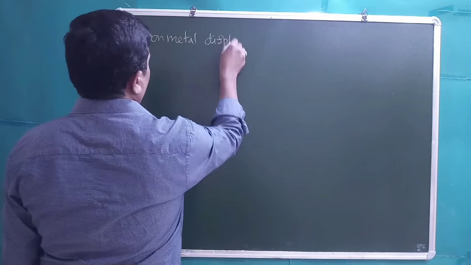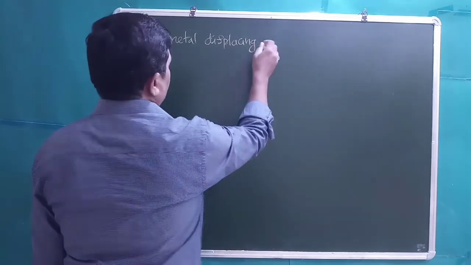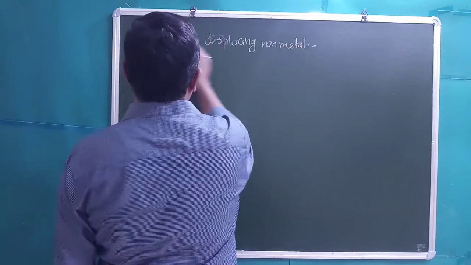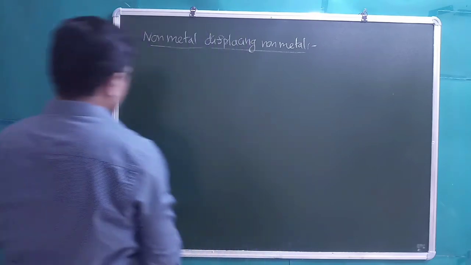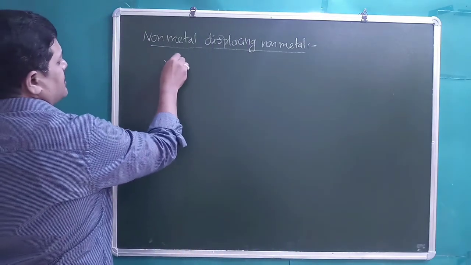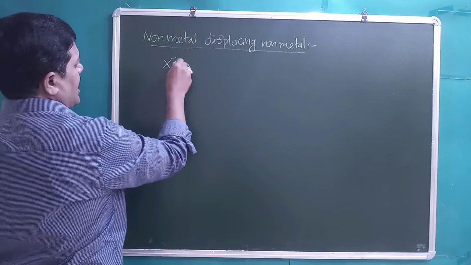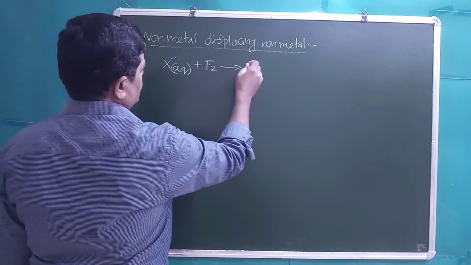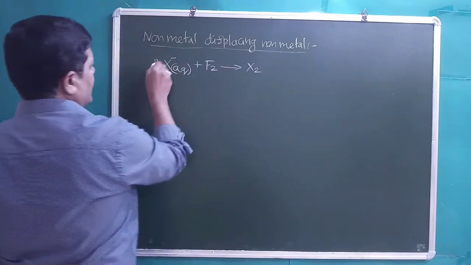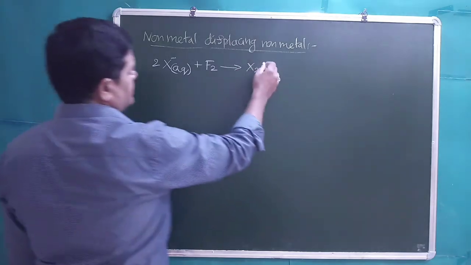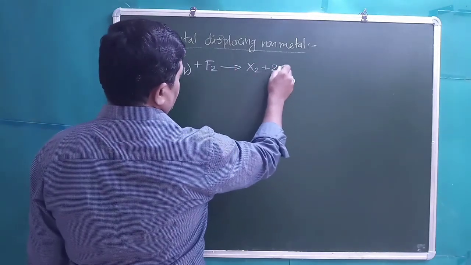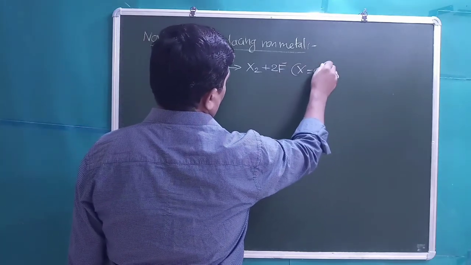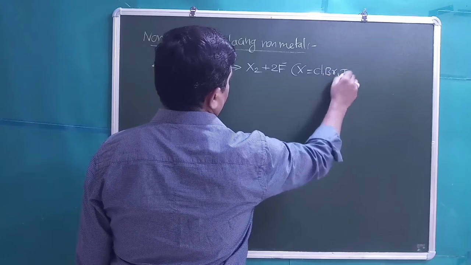For example, when X minus, an aqueous halide ion, is present, it can be oxidized into X2. 2X minus is converted into X2 by F2, and F2 is converted into 2F minus. Here X is chlorine, bromine, or iodine.